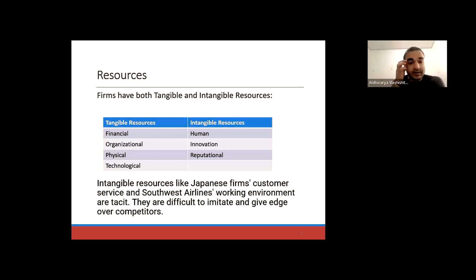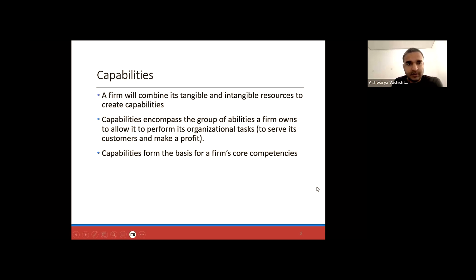It's mostly Spirit and Frontier that are cheaper than Southwest, but people choose Southwest because of the comfort and the welcoming nature of the airline. So intangible resources always give you more competitive advantage than tangible resources. Tangible resources can be copied, imitated, but intangible ones are very hard to imitate.